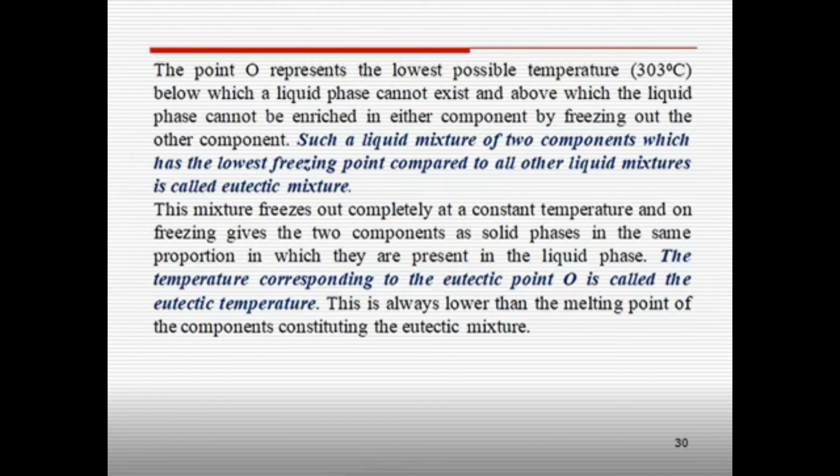Such a liquid mixture of two components which has the lowest freezing point compared to all other liquid mixtures is called a eutectic mixture, and this mixture freezes out completely at a constant temperature, and on freezing gives the two components as solid phases in the same proportion in which they are present in the liquid phase. The temperature corresponding to the eutectic point is called the eutectic temperature, and it may be noted that this temperature is always lower than the melting point of either of the components constituting the eutectic mixture.